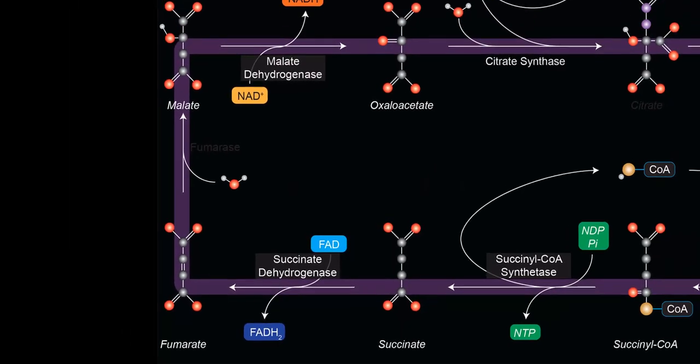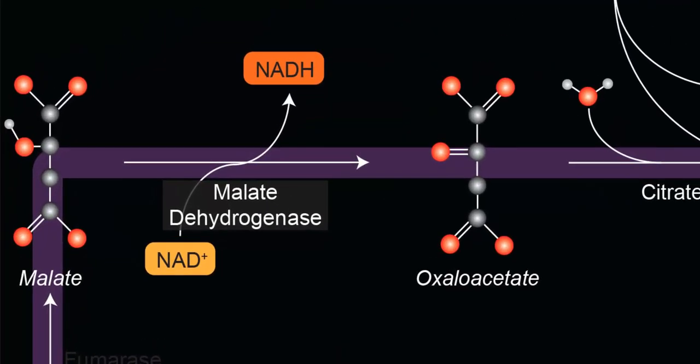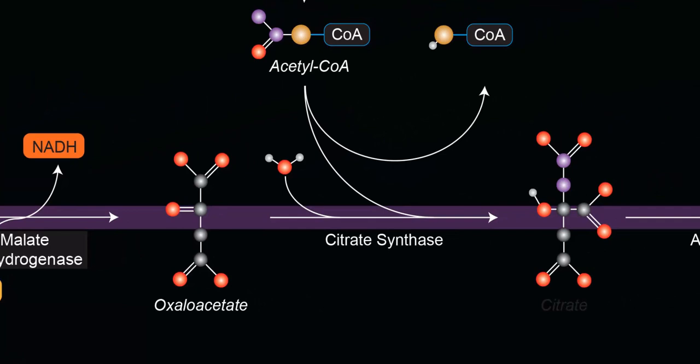The next step is to hydrate fumarate to create malate, and then malate gets oxidized to oxaloacetate using malate dehydrogenase. This redox reaction produces another equivalent of NADH. We've now regenerated oxaloacetate, which can remerge with another equivalent of acetyl-CoA, and the process can start over.